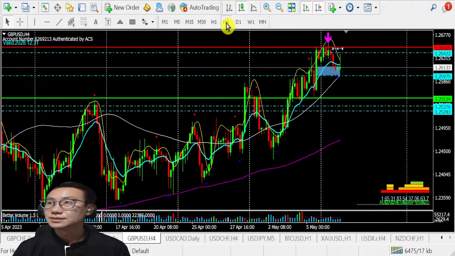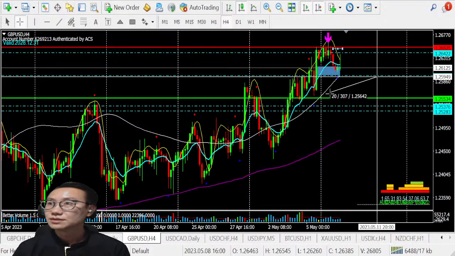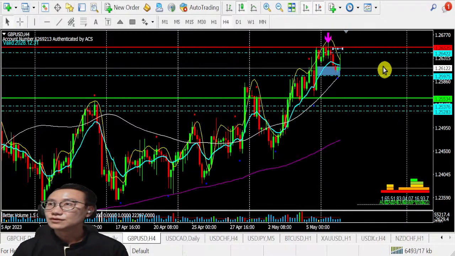Let's see over here. There's one area here, pound dollar. We still have about 30 to 40 pips to go.